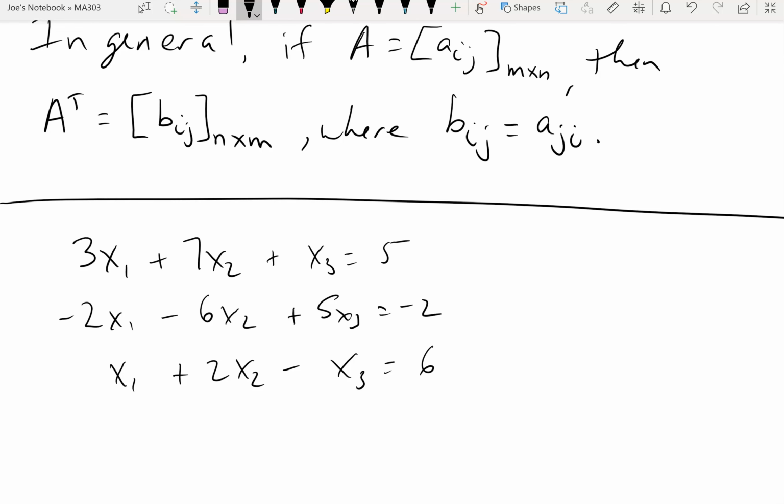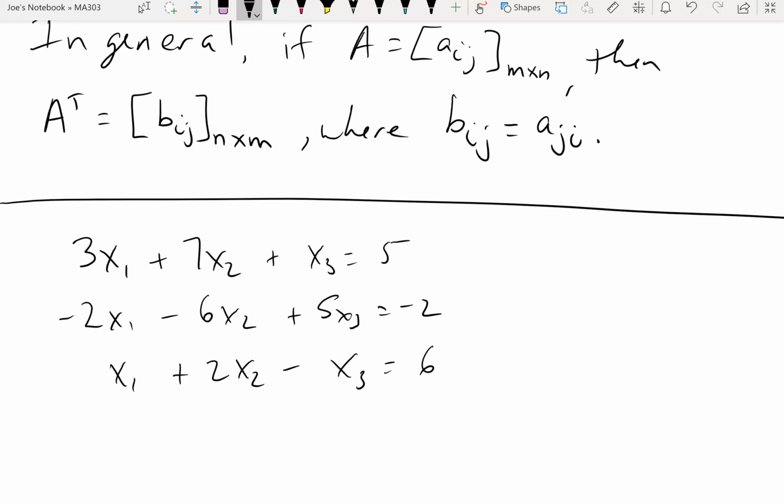And the reason why I think about utilizing matrix multiplication is notice that this x1, this x2, this x3 is in each of these entries, where the coefficients have changed: there's a 3, a 7, and a 1. It looks like that dot product idea, like we mentioned last time, if you're familiar with it. It looks like I'm taking a 3, 7, 1 as entries in a vector and multiplying it by x1, x2, x3.